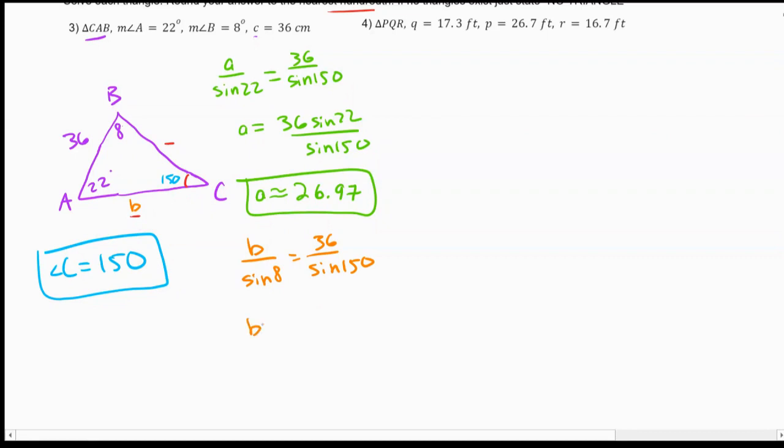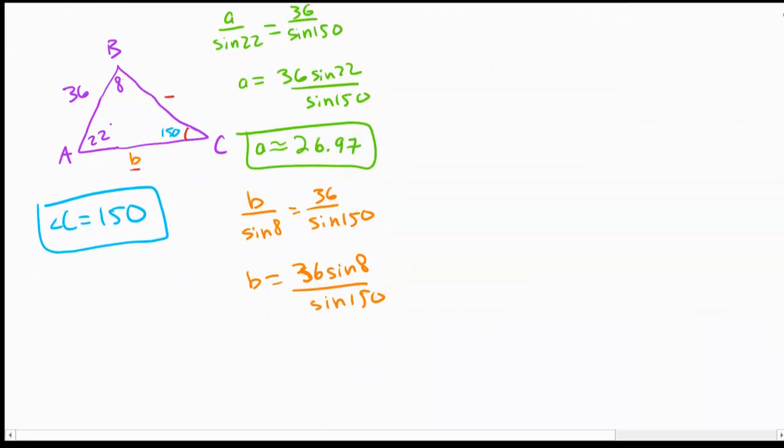So I multiply both sides by sine of 8. And I plug all this into a calculator. So 36 times sine of 8 divided by sine of 150. And that gives me my B value of 10.02.